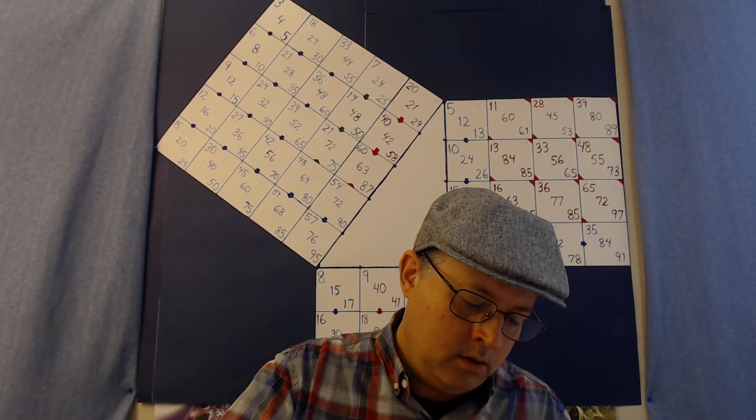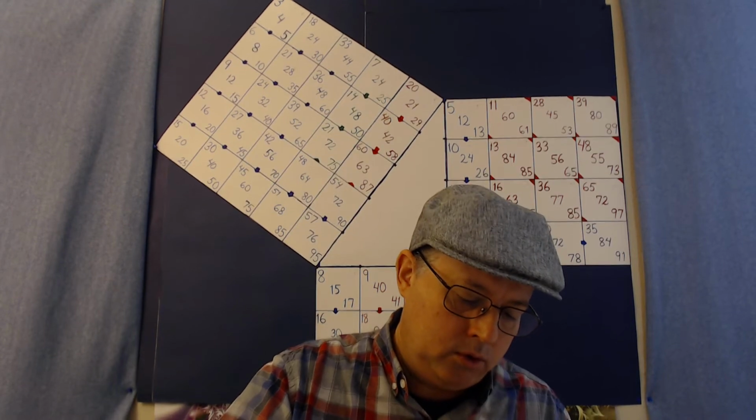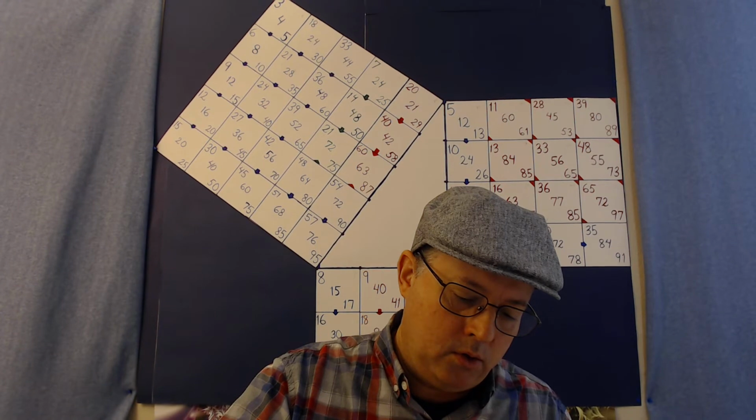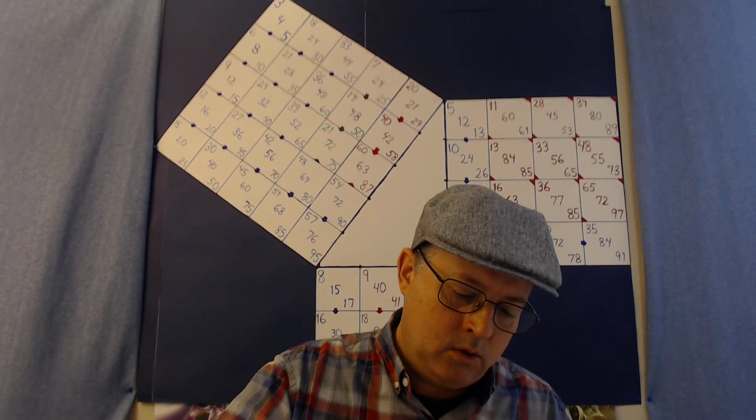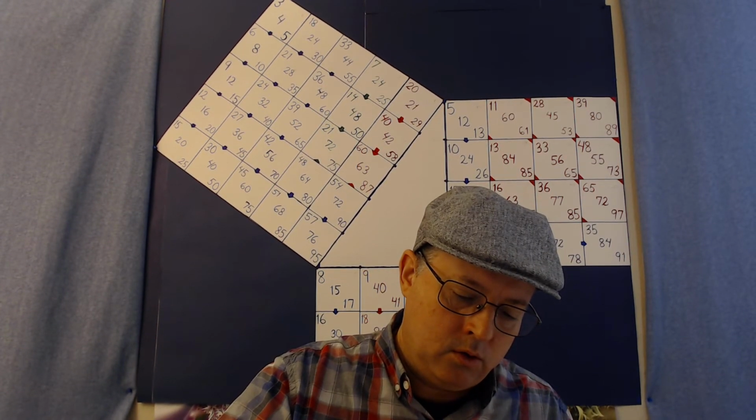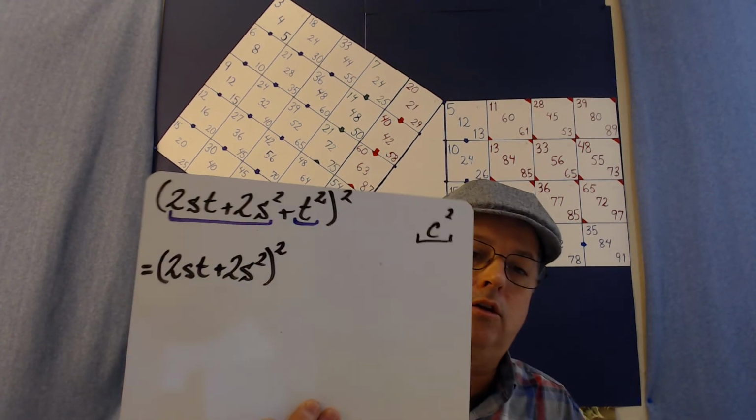Okay. So we'll take the x expression and square it. So this is equal to 2st plus 2s squared. So that's the x expression squared.